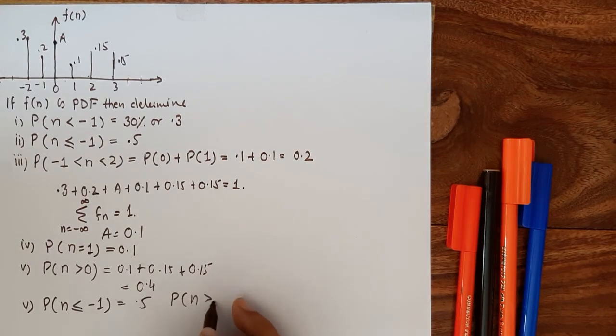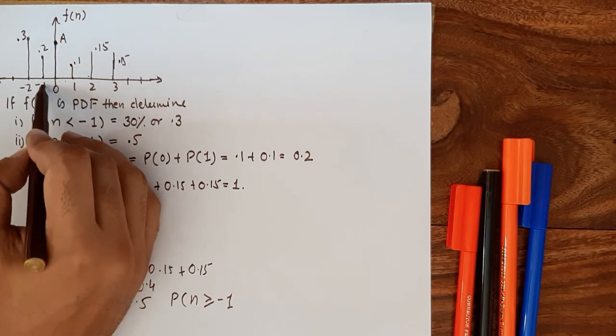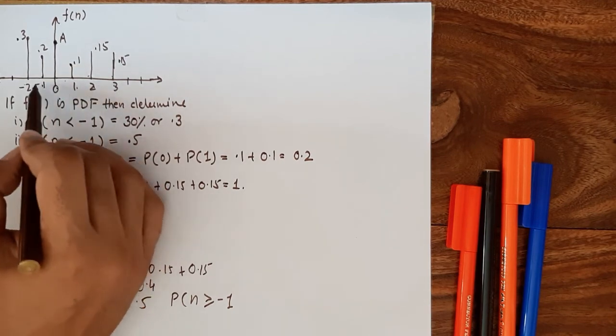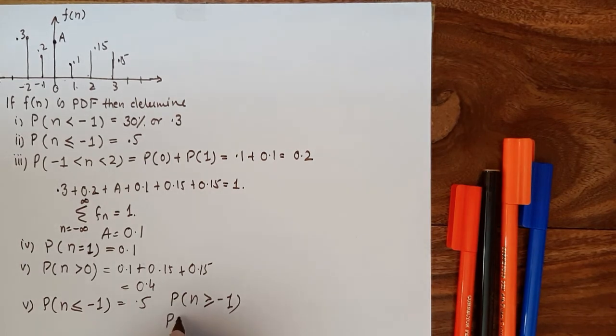Probability of n greater than or equal to -1. So you include this -1, 0, 1, 2 and 3, all of them, or simply subtract: the probability will be the total probability of the function minus the probability of happening of -2, right?